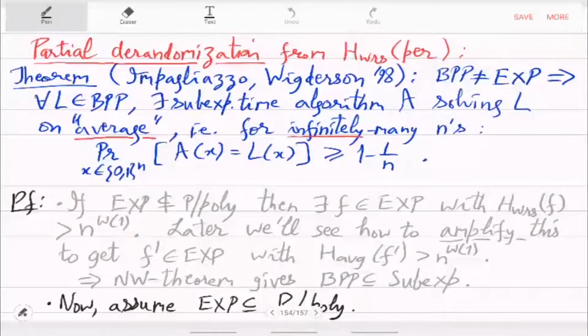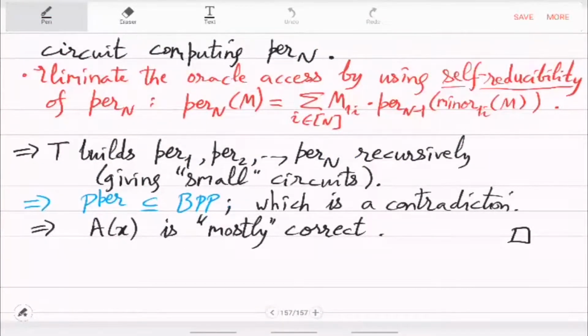And we can also add infinitely often here and infinitely often. Okay, so it's infinitely often n, and for each such n average case de-randomization in subexponential time. So, that is one application, it is very non-trivial.